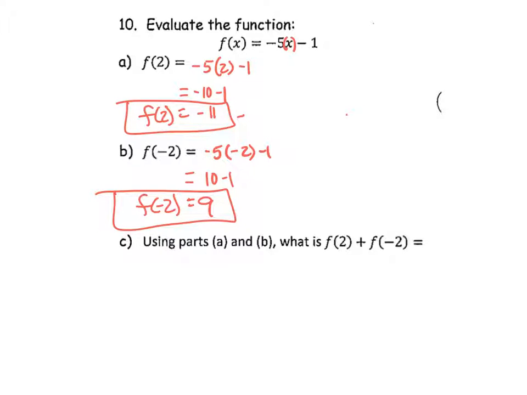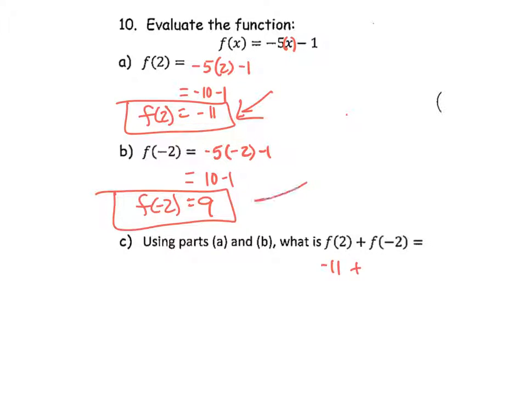All right, so part C, using parts A and B, what is f of 2 plus f of negative 2? So who has an idea of what we're supposed to do here? Add negative 11 and add 9. So f of 2, from up here, we know that it is negative 11.